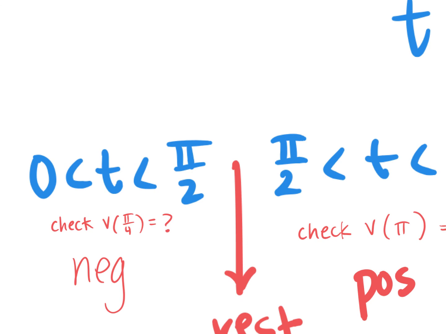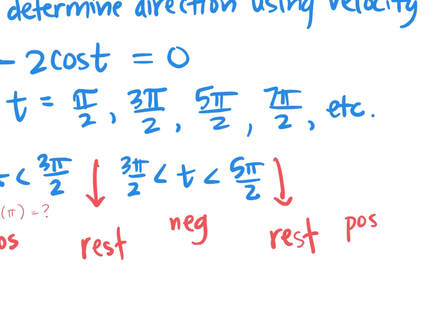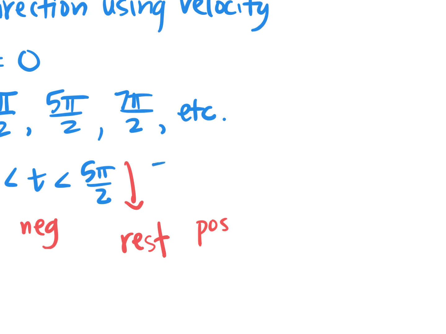Will it specify how many intervals we should use to determine its motion? Usually you get a closed interval as opposed to an open one here, but you can definitely tell what the pattern is going to be. This pattern here, I could predict that the next one is going to go from 5 pi halves to 7 pi halves, and then it's going to be at rest again.